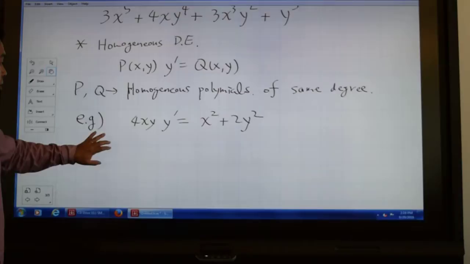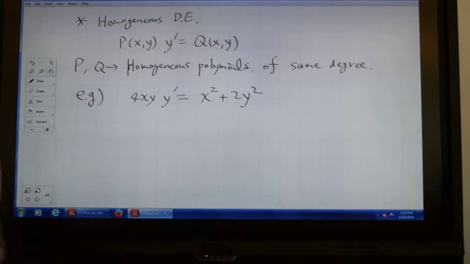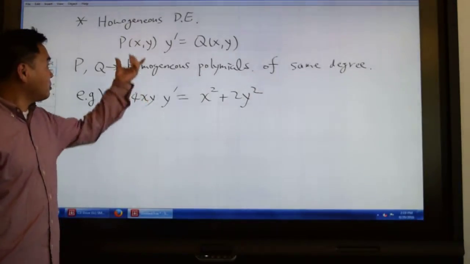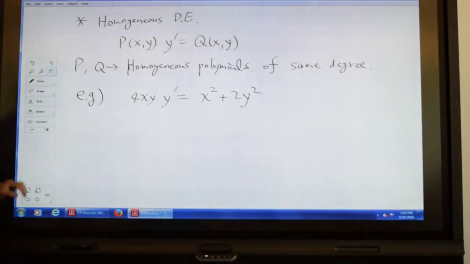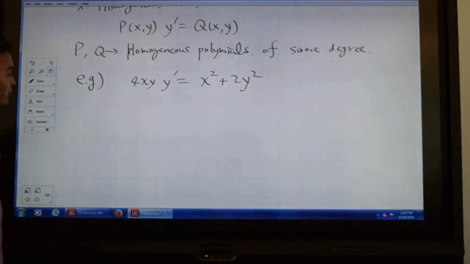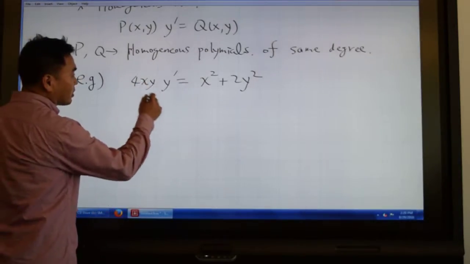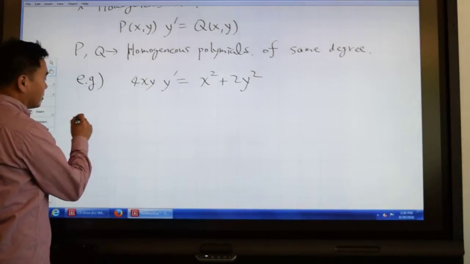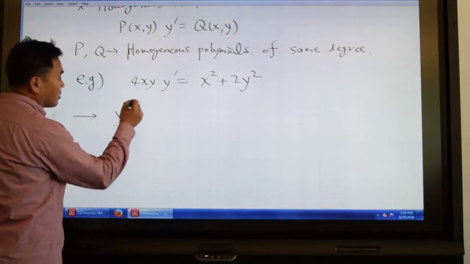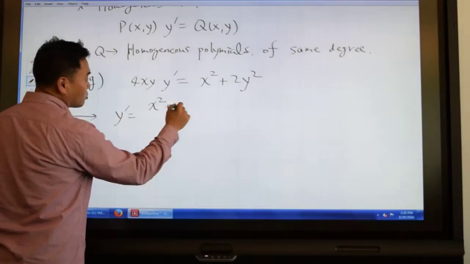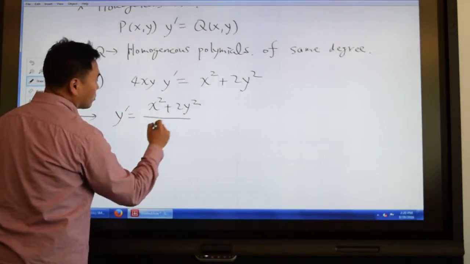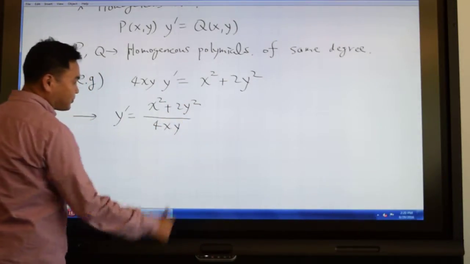Okay. Now, in such a case, you can divide by this P to turn it into another format. So let me show you how it works. If you divide by 4xy, y prime becomes x squared plus 2y squared over 4xy.